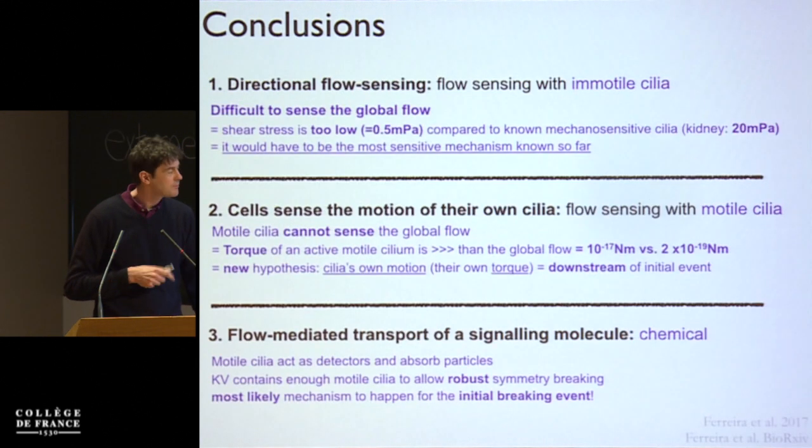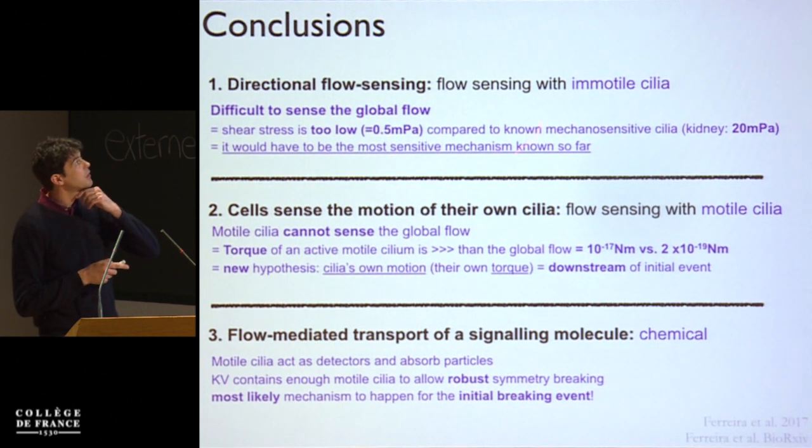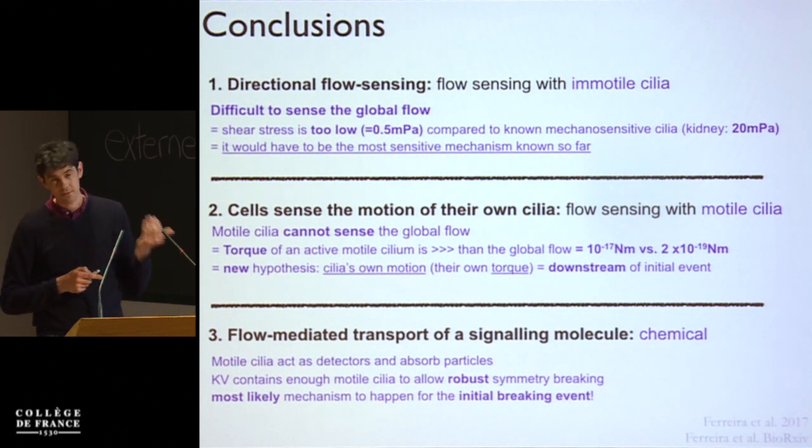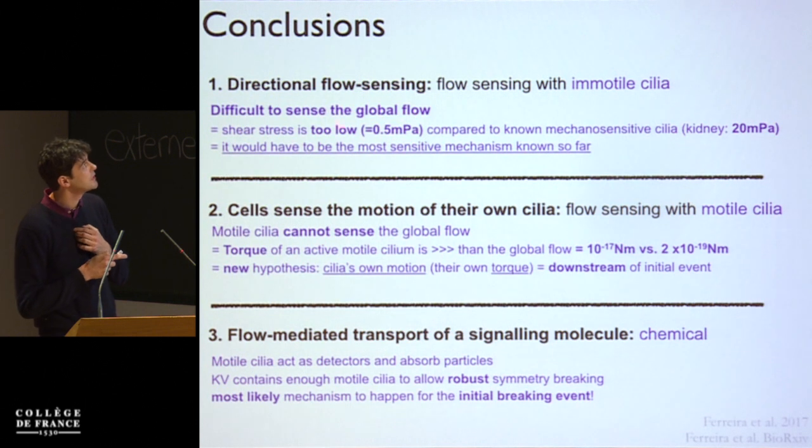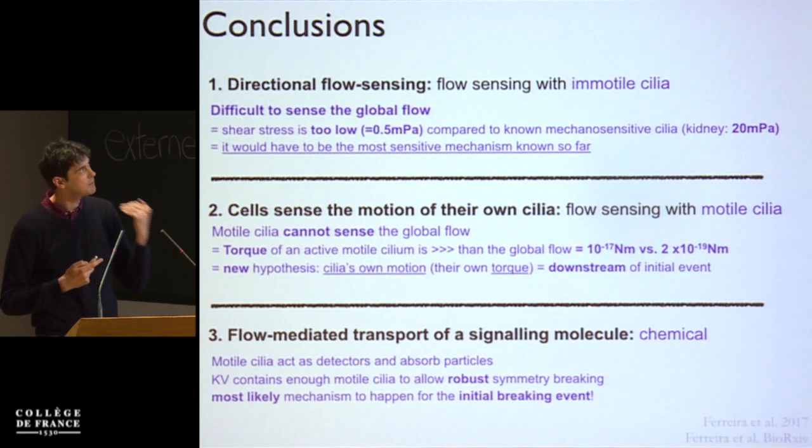Okay, so the conclusions: directional flow sensing is tough. In particular, if you use motile cilia, the shear stress is really low, so you'd need an extremely sensitive system, providing that left-right symmetry breaking is extremely robust. It's difficult, and then you need a very high-performance mechanosensation mechanism.